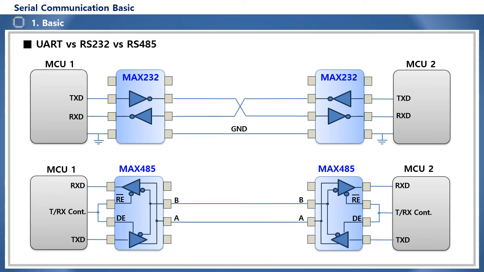And the receiving side RX of MCU1 should be connected to the TX of MCU2 via MAX232. There are many connection errors in this part, so it is important to check the sending and receiving terminals between the 2 MCUs.